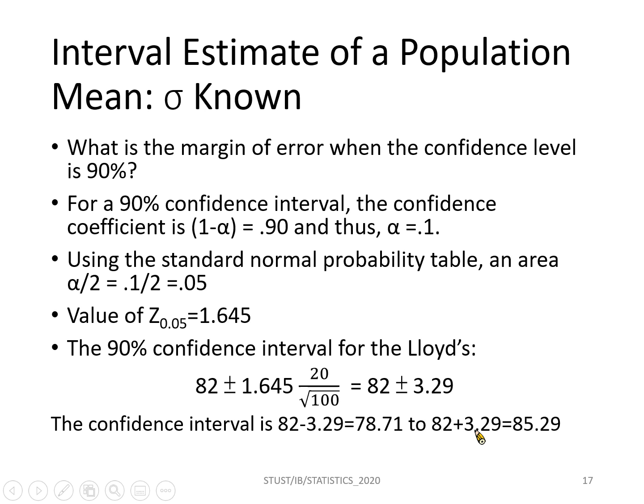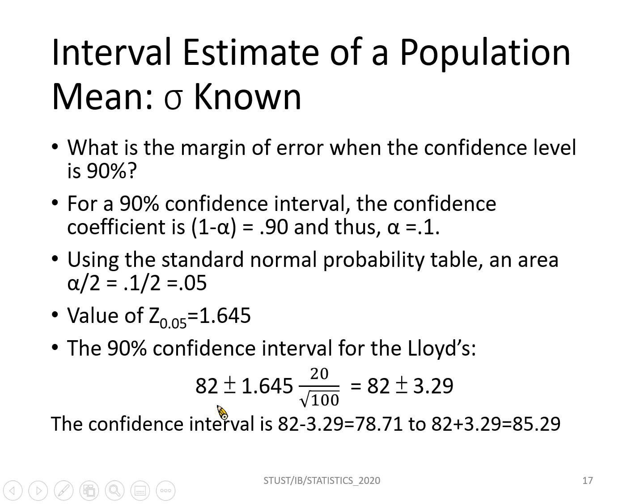So the confidence interval at the 90% confidence level, following the formula, is x bar, plus or minus the z-value of the half alpha multiplied by the standard error.